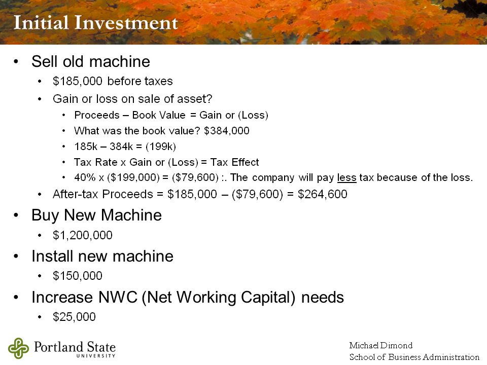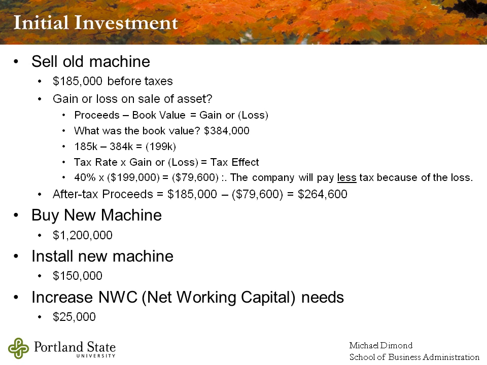The initial investment is going to also include the purchase of the new machine. Now, the acquisition of an asset has to include whatever we're paying for the asset, and it has to include any costs associated with getting that asset ready to generate future cash flows. We can't use the machine without installing it, so we've got $150,000 in installation costs that are relevant.